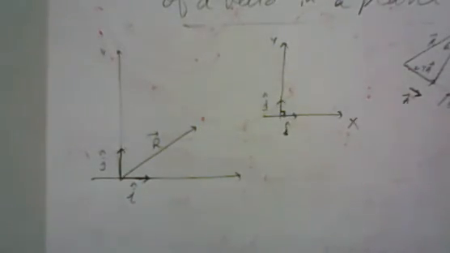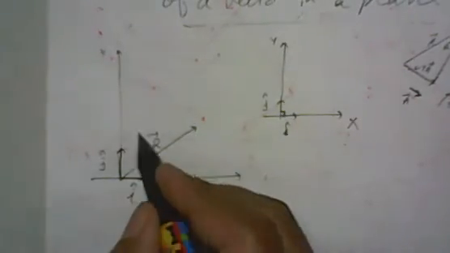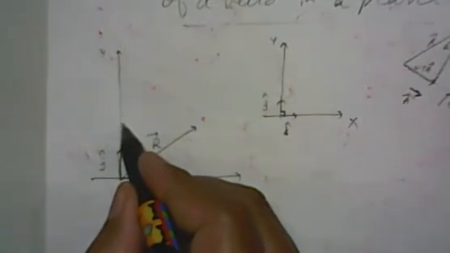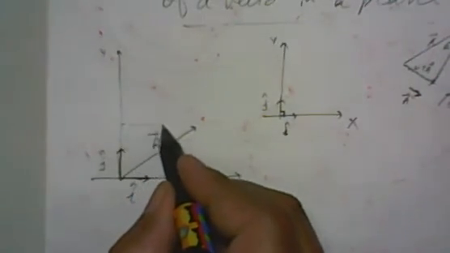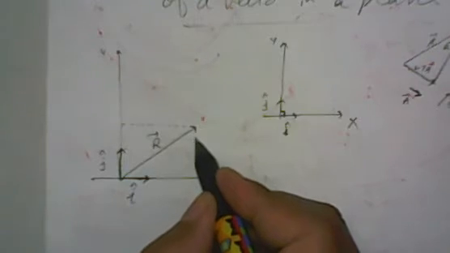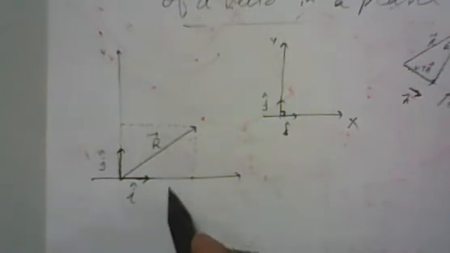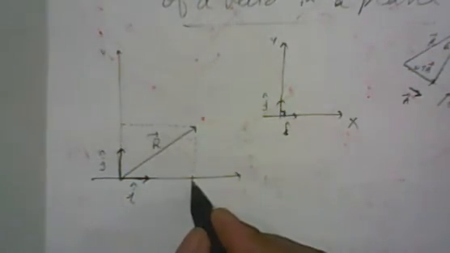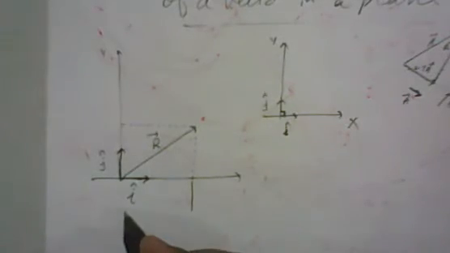How many j's and how many i's do we have to take so that we get r?